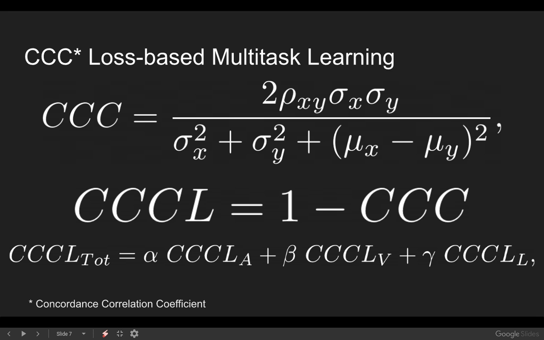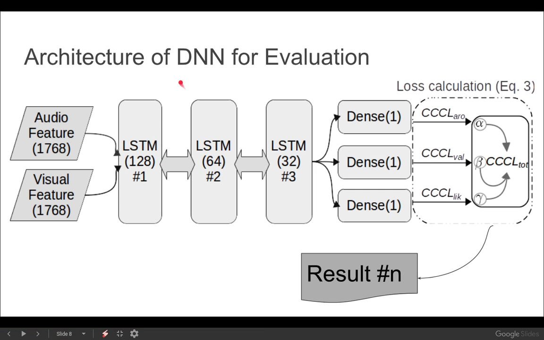So this is the architecture of our dimensional emotion recognition using a DNN, our deep neural network. Here, the input is the acoustic feature or visual feature. And we use three LSTM networks stacked together. After that, we split the last output of the LSTM into one-unit dense layers to predict arousal, valence, and liking here. And here is the calculation of the CCC loss from the previous slide.